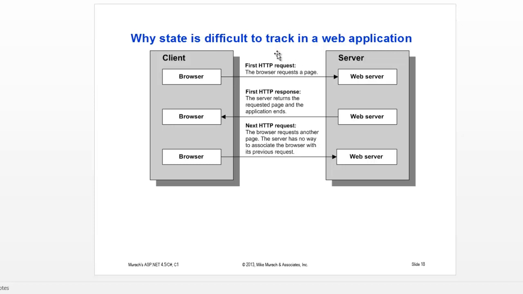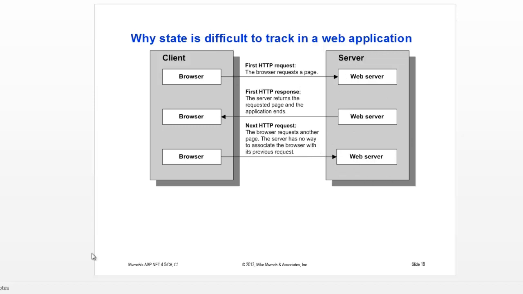HTTP does not natively store the state of these applications. What happens is that you send out the first request, and then the response comes back from the server. The next time an HTTP request is made to the web server, the browser requests another page. The server has no way to associate the browser with its previous request.